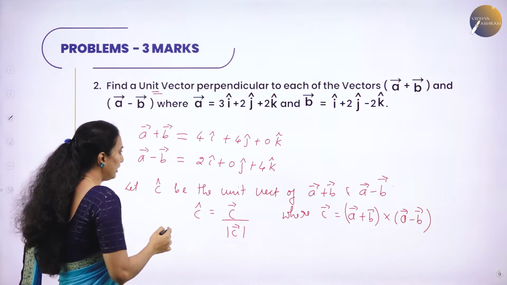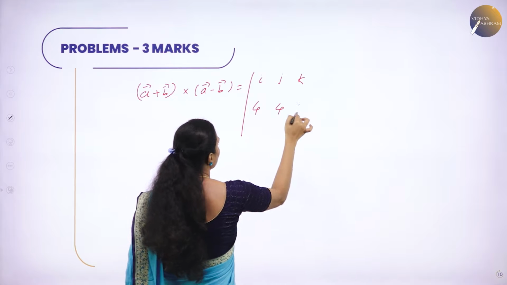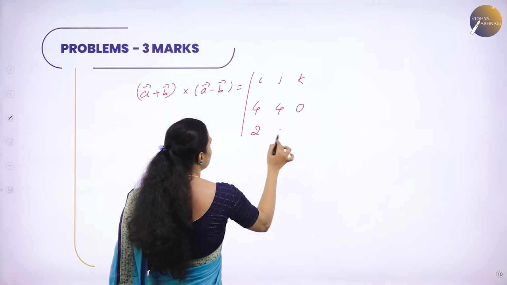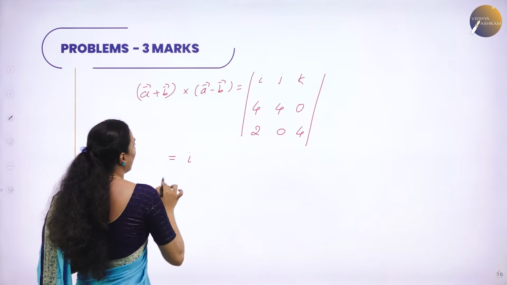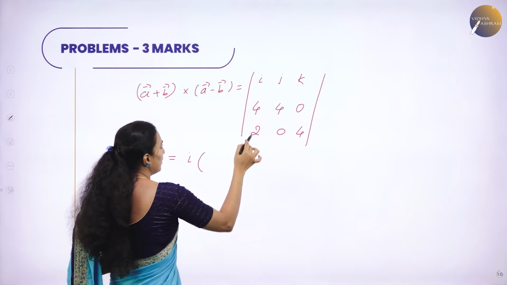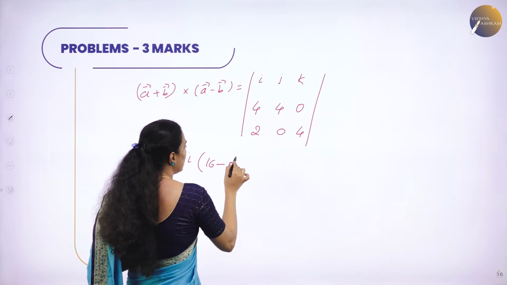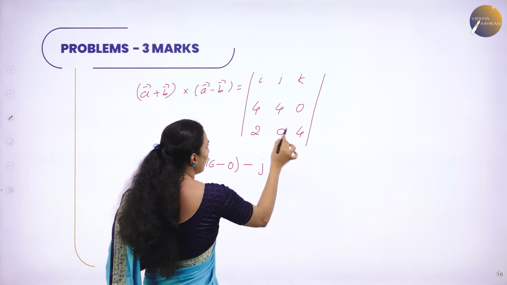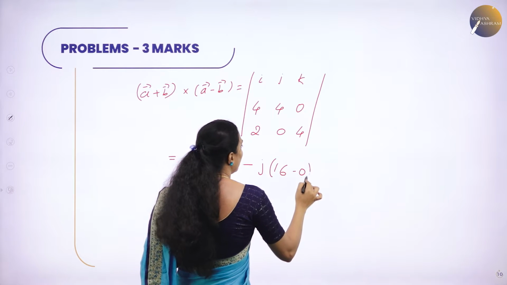You are going to get 4, 4, 0, and next 2, 0, 4. Expand this. First you get i into, leaving the first column and first row, 4 fours are 16 minus 0, minus j into, second column first row, 4 fours are 16 minus 0.